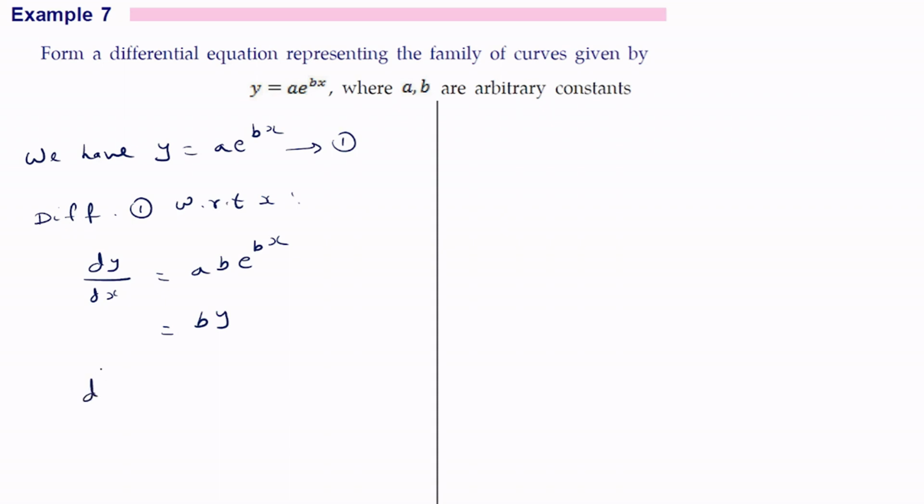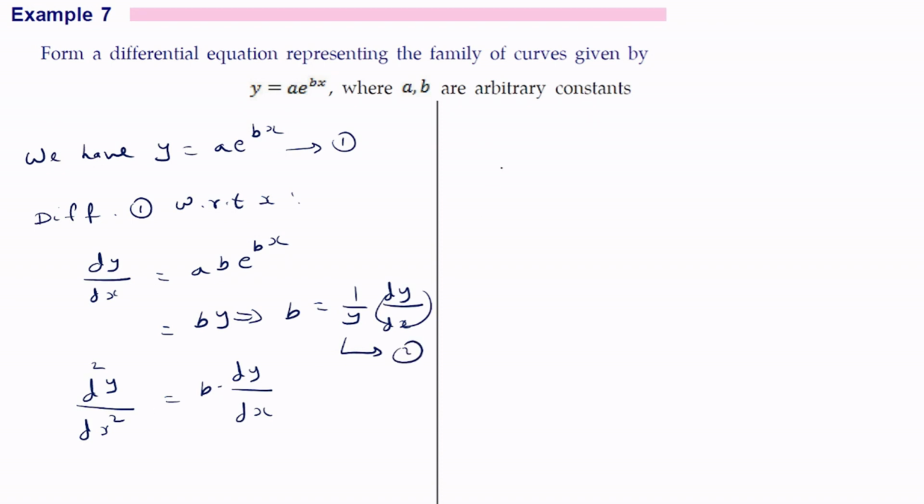Now let us find the second order derivative. d square y by dx square equal to b into dy by dx. Here in place of b we can put 1 by y dy by dx. This implies b equal to 1 by y dy by dx. Let us take this as 2.